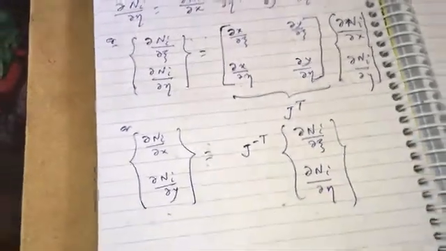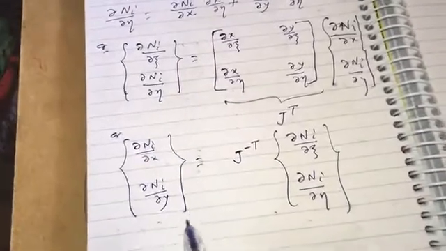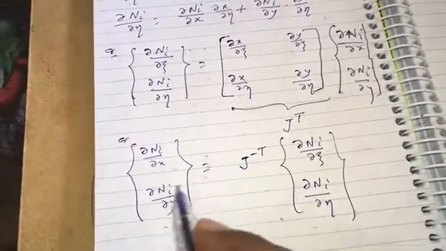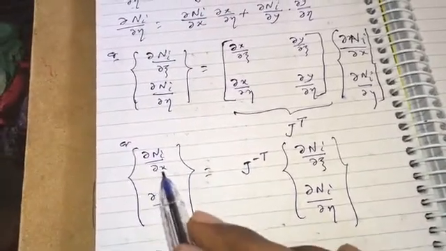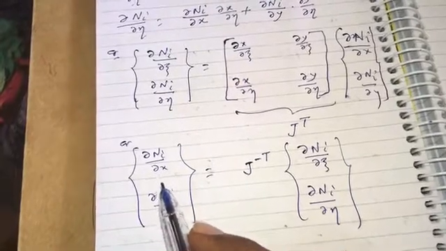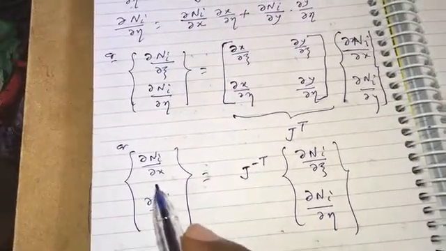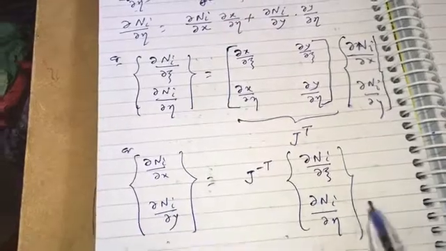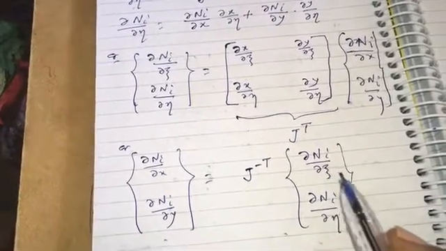Okay, so this is what we get: the relationship between N_i differentiated with respect to x, y, and that with respect to xi and eta.